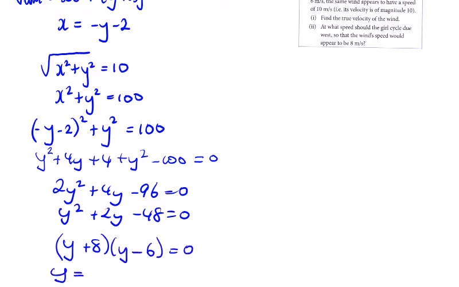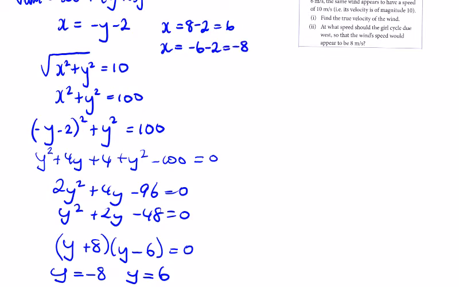So with two answers, we always need to check them. Y is equal to minus 8, y is equal to plus 6, and x is equal to minus y minus 2. So x is equal to, when we put in y is equal to minus 8 first, minus minus 8 is 8, minus 2, which is 6. Or x is equal to minus 6 minus 2, which is minus 8.